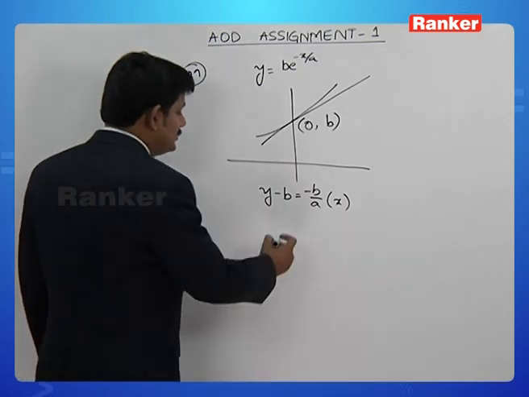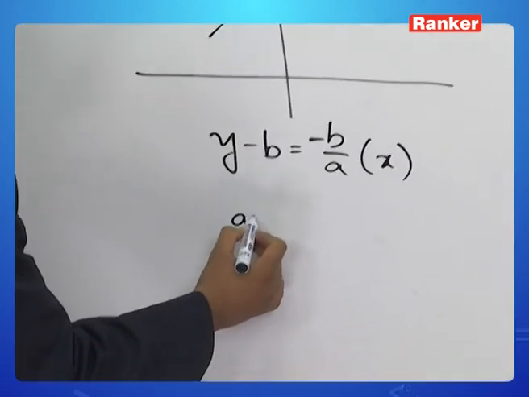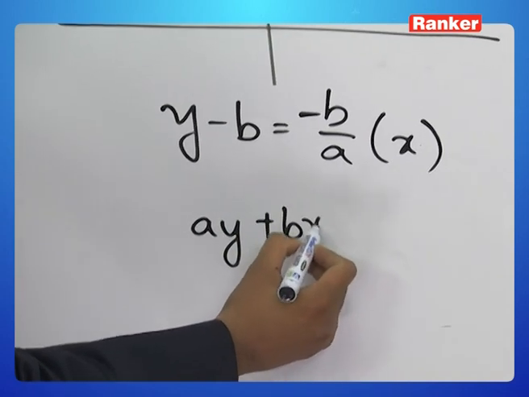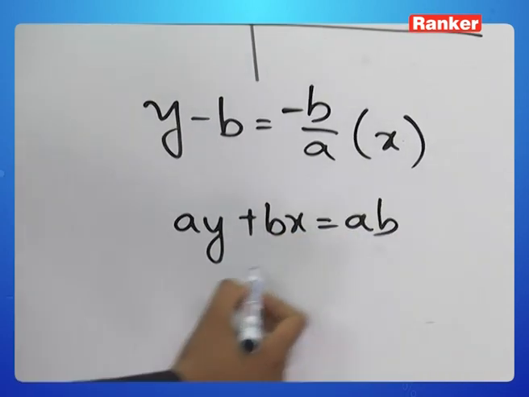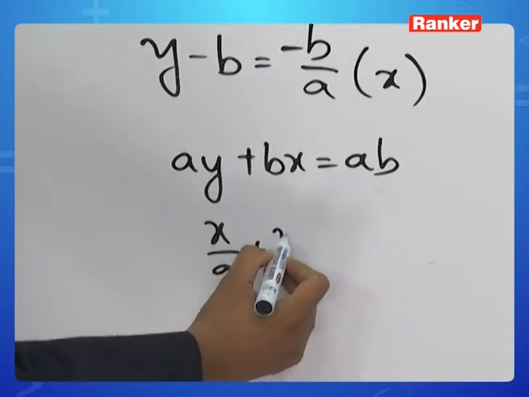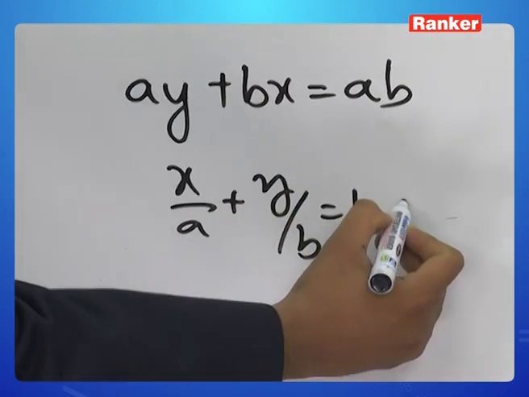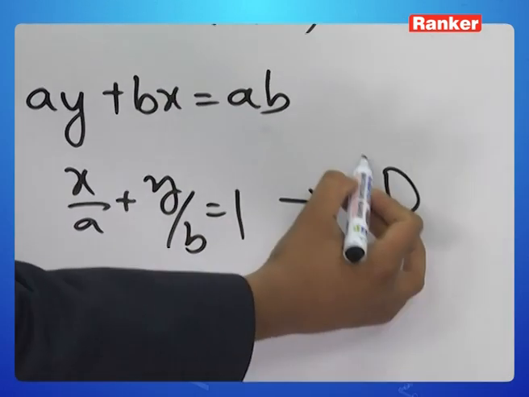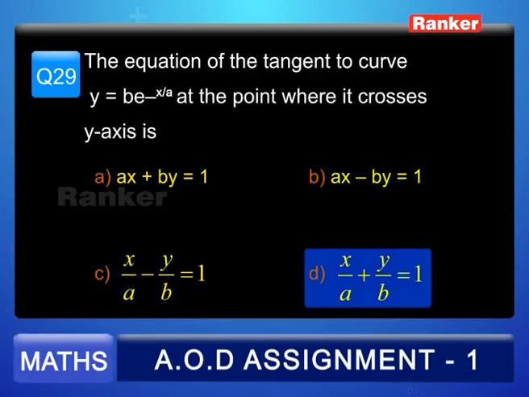So the equation of the tangent is given by ay + bx = ab, or x/a + y/b = 1, which is option D. So the answer is option D.